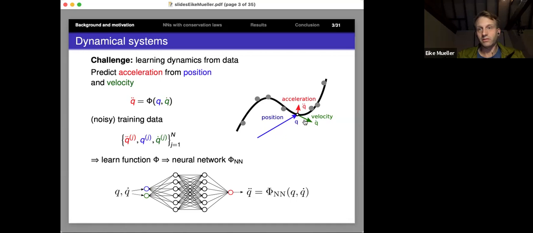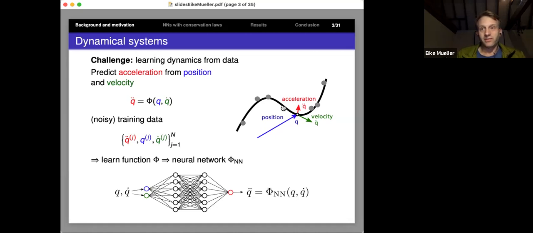At every point in time, we have some position, some velocity, and some resulting acceleration. We want to predict the relationship between these quantities, but the only thing we have is some data, and that data can be noisy because there's some measurement error or whatever.